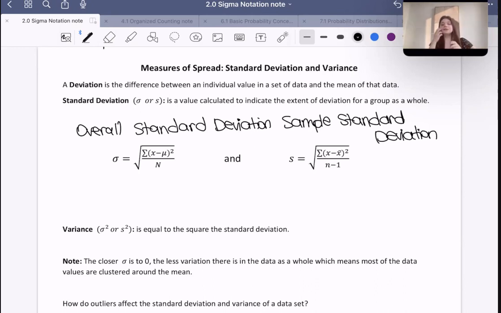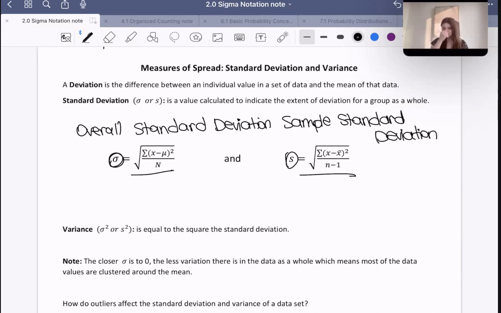So let's say we're taking the standard deviation of an entire population, then we are going to use this one here. And then over here, we're going to do the sample standard deviation. So this symbol here is going to tell us the overall standard deviation. This S indicates a sample standard deviation.